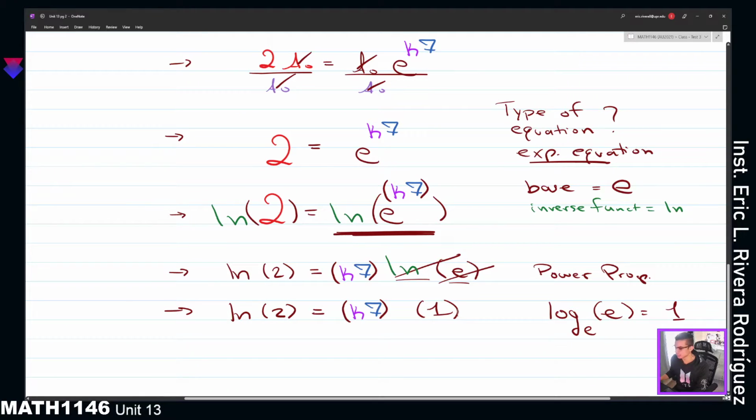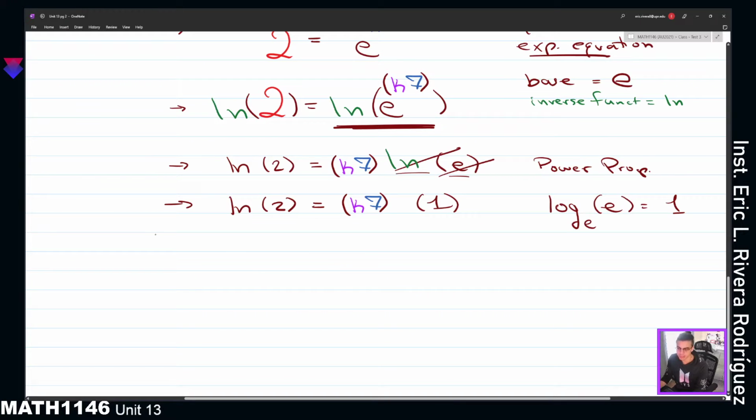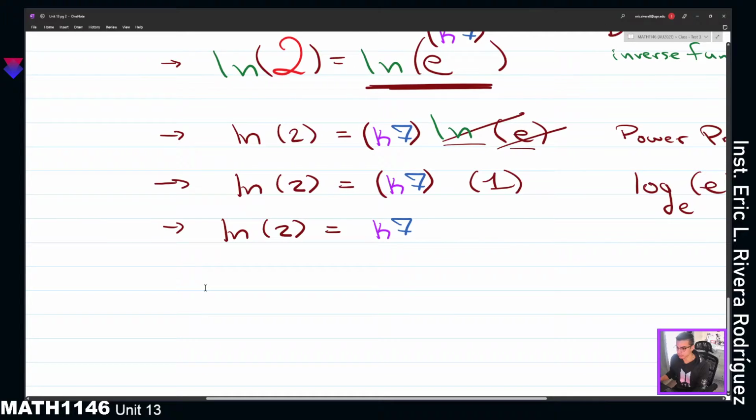But 1 can be omitted in a multiplication because it does not change anything. Right? So let me simplify this. Let me drop the parentheses. There, now we don't need them. Right? So we are one step closer to the solution.